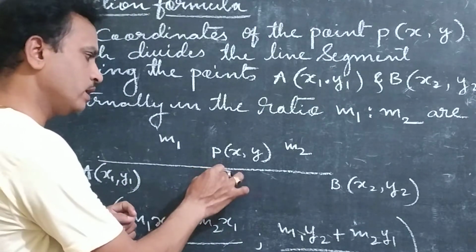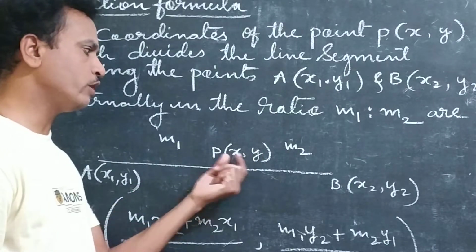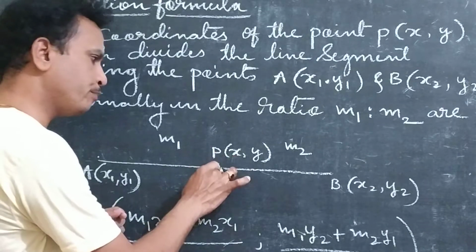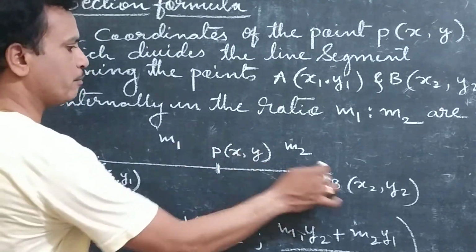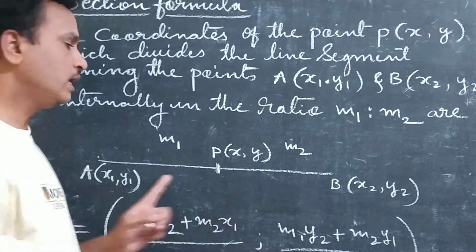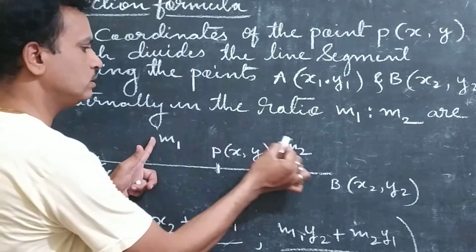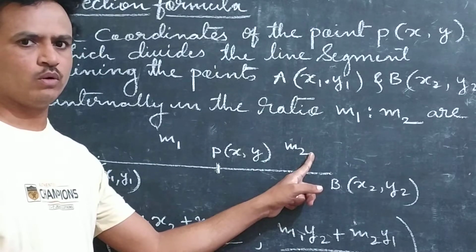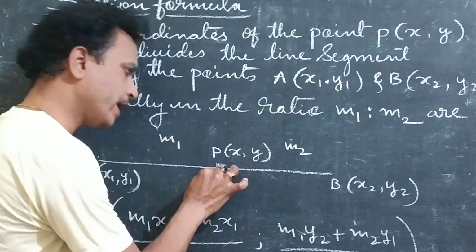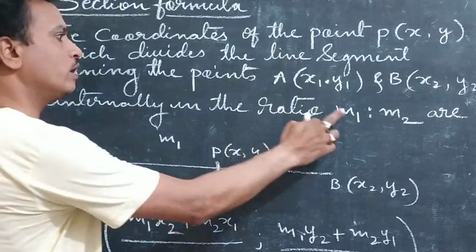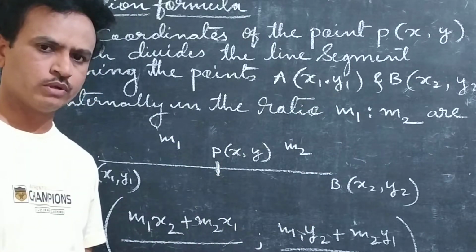The coordinates of point P are also given, that is x and y. This point P divides the line segment AB in the ratio m1 is to m2. That means this point divides this line in the ratio m1 is to m2.